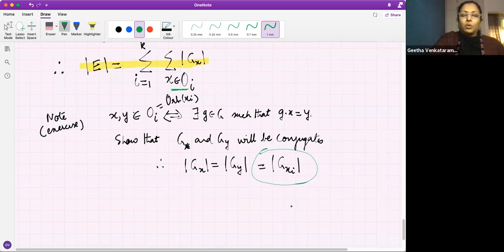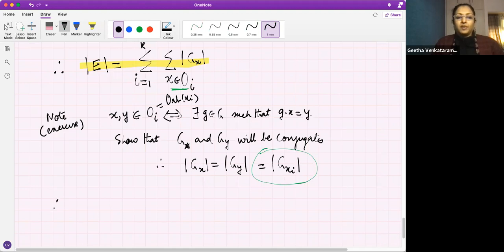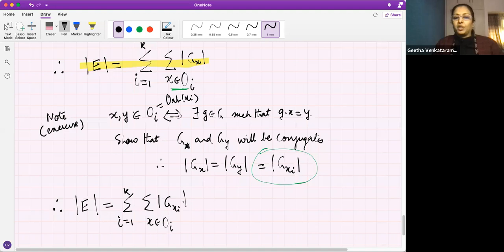So let's use this. Therefore, again, what I'm getting is order E, which I knew was the summation i equal to 1 to k, summation x belonging to Oi, of order Gx, and this is now for all the x in Oi a constant, and its value is order of Gxi.